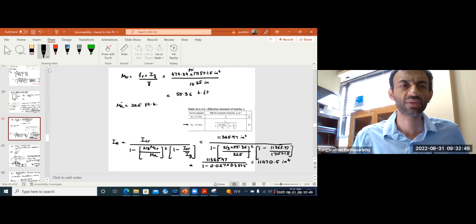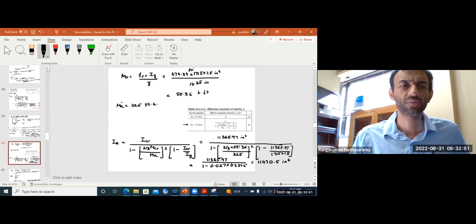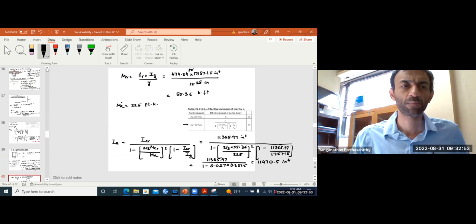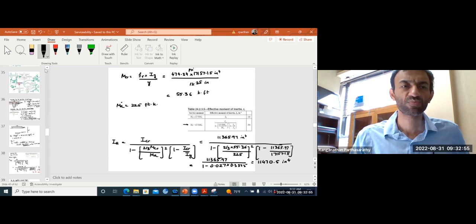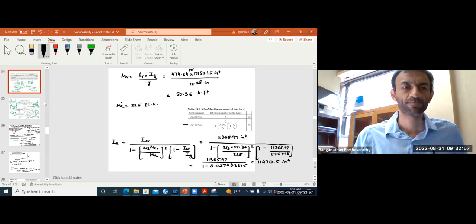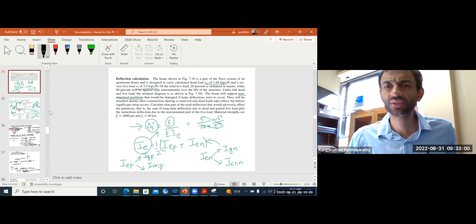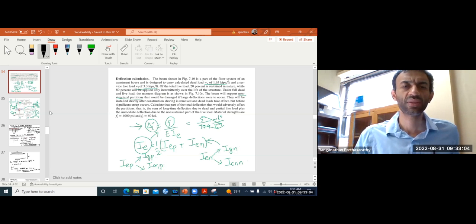So instantaneous deflection due to just the dead load. Let's go back to our question. Just the dead load is 1.65. Total service live load is 3.3.